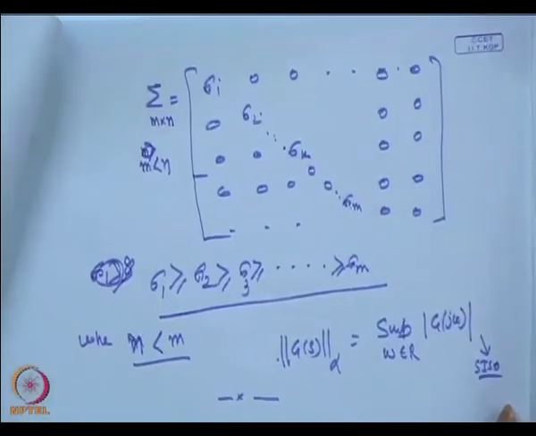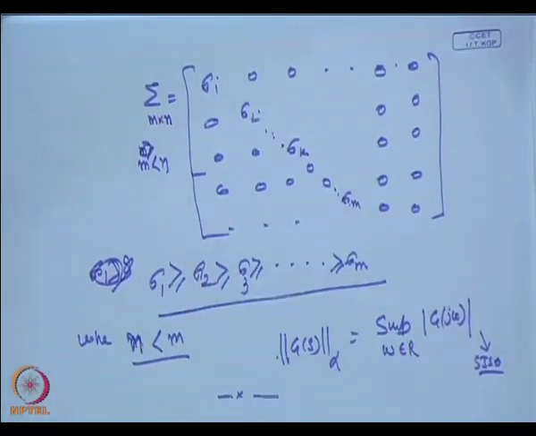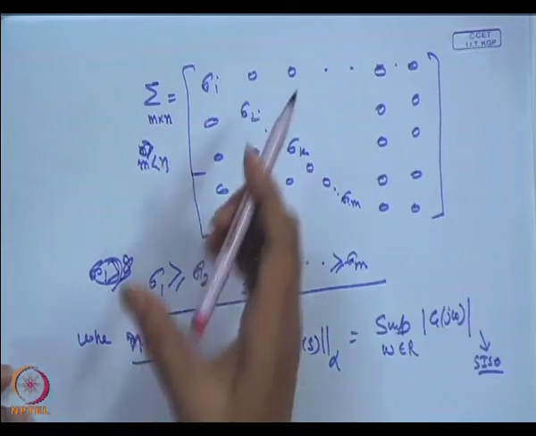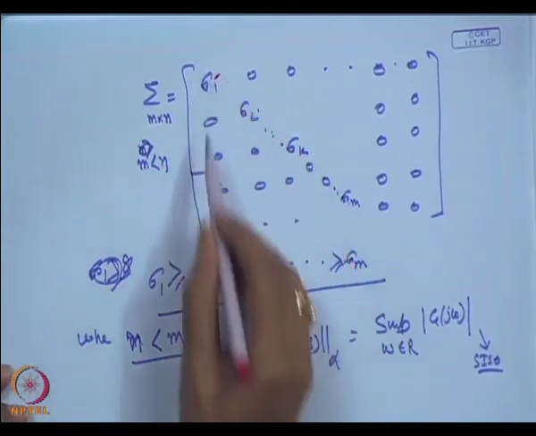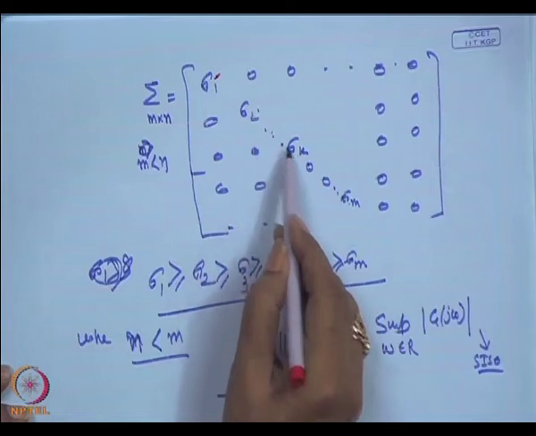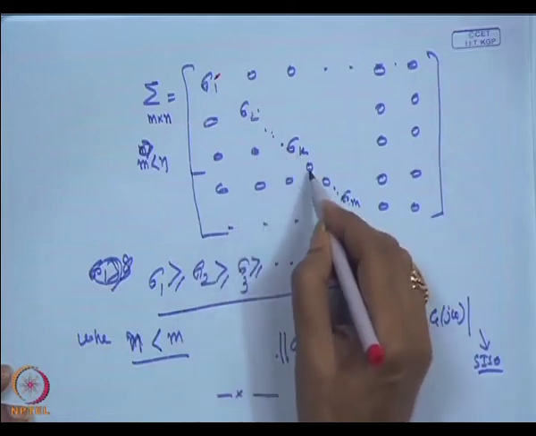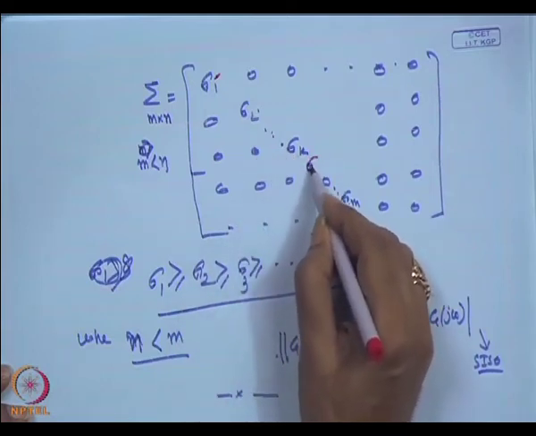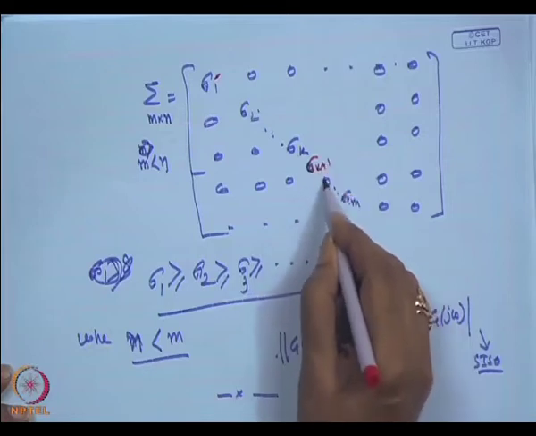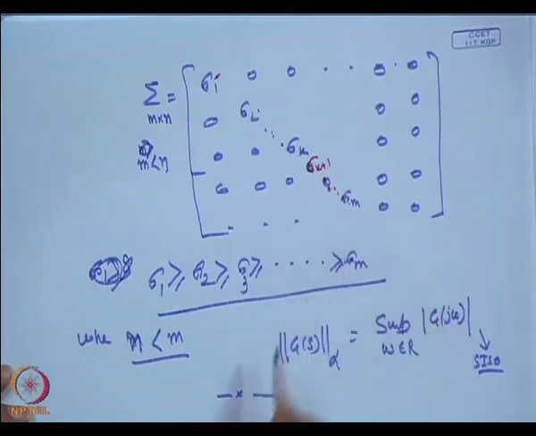Then the structure of sigma, as I told you: sigma 1, sigma 2, up to sigma k, then the next block is 0, and sigma k plus 1 up to sigma m.